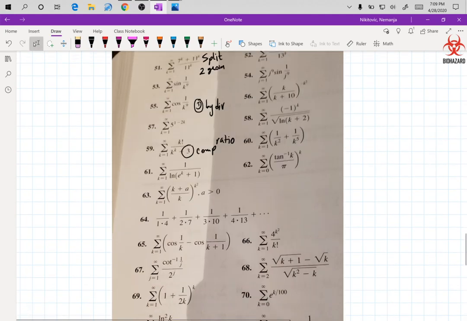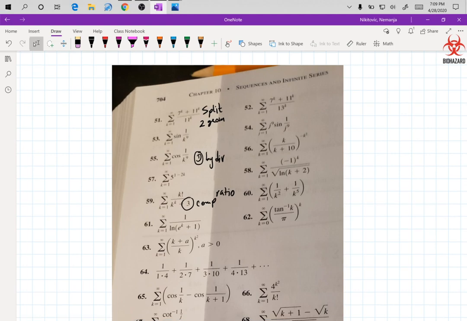Let's see if we can find interesting stuff. Root obviously will kill the square. We did actually a couple of problems in the class. This might be integral. Comparison again.